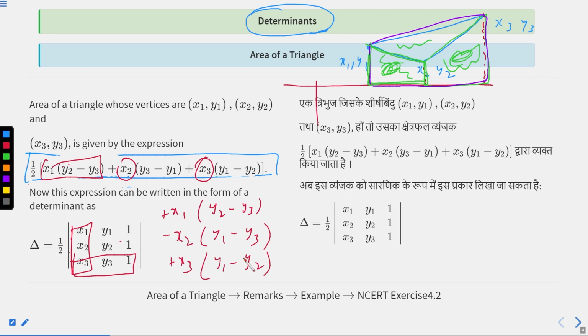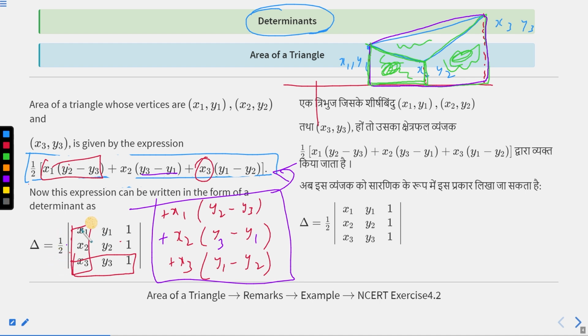Now as you can see, here we use plus, yes indeed, but one thing is very clear: here y3 minus y1 is happening, and here y1 minus y3 is happening. So I will multiply this minus inside the bracket, so it will be plus and the sign will change. Now it is of the same form as written here. Clear? And we already have a half written over here.